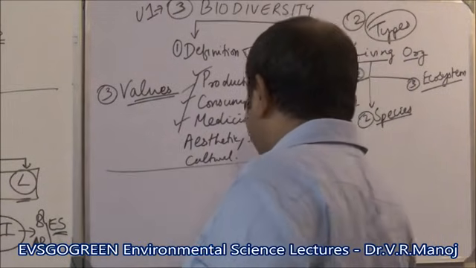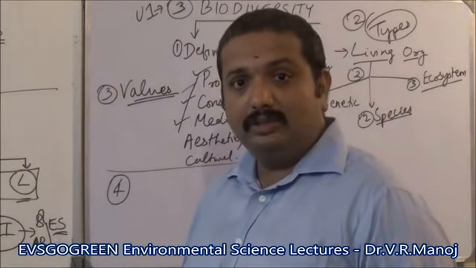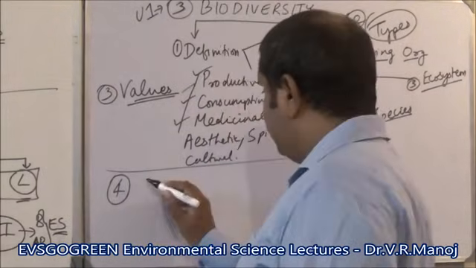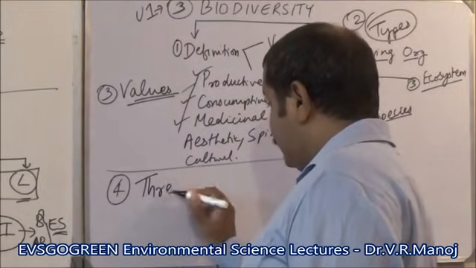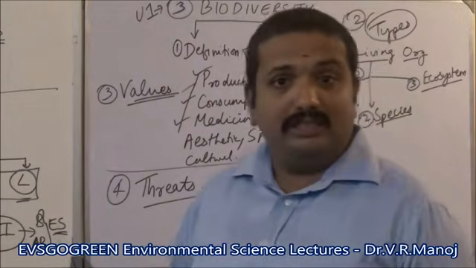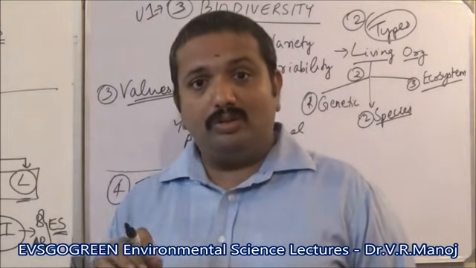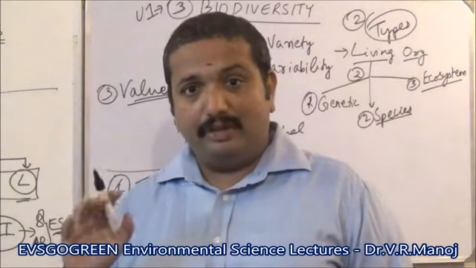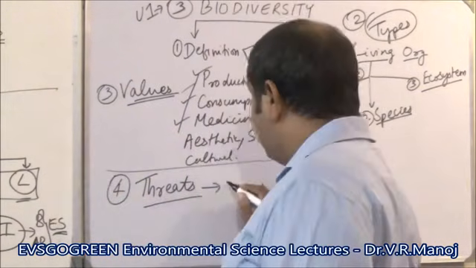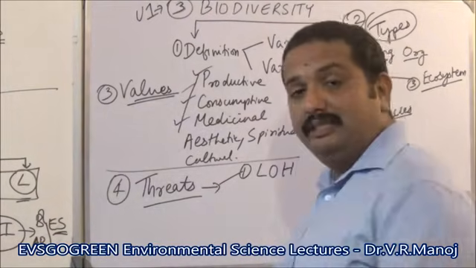Once you have dealt with the values, then you need to identify the threats to the biodiversity present. So what are the threats? Now very easily you can say that pollution is a threat and destruction of forests is a threat, but you should be very careful on how to mention them sequentially when you are answering a question. So there are 3 major threats. Loss of habitat.